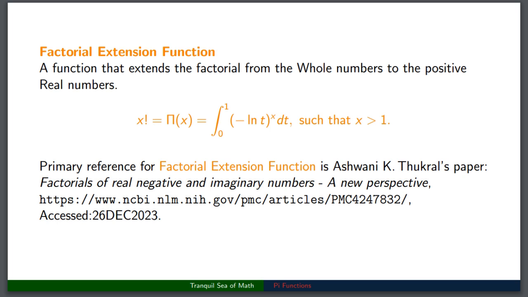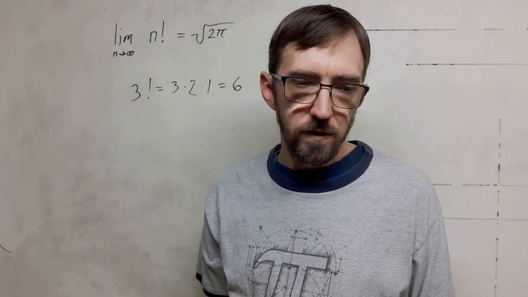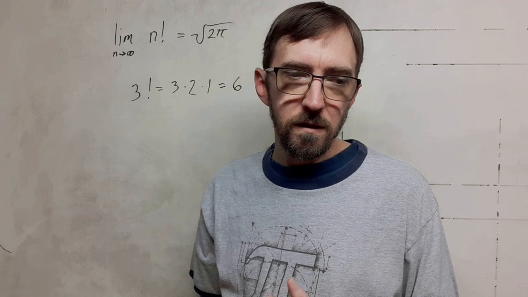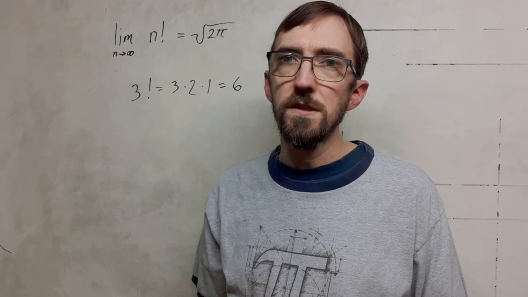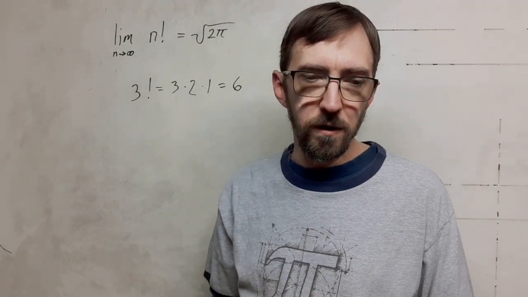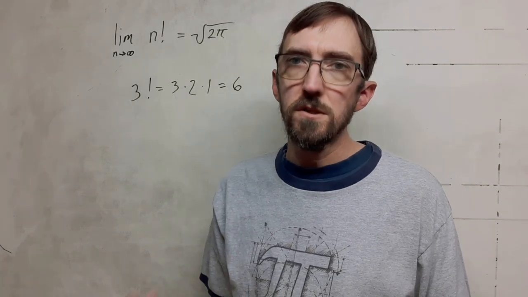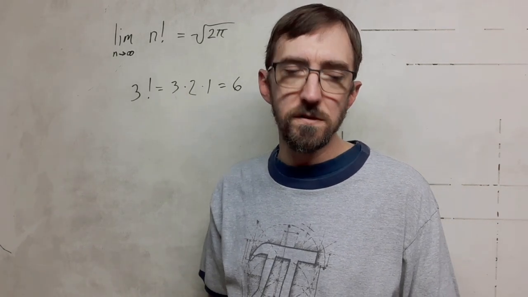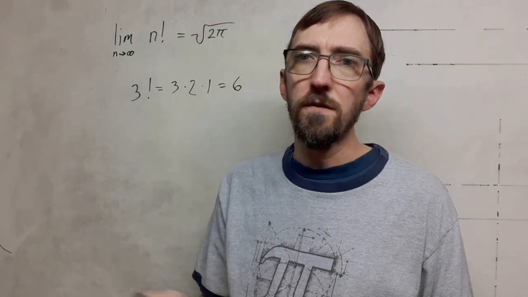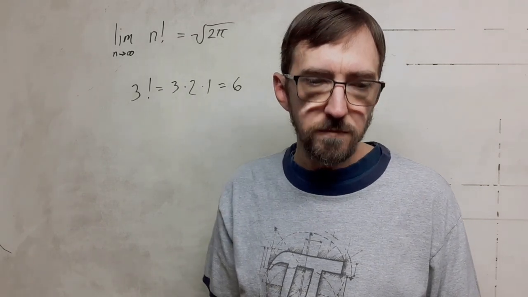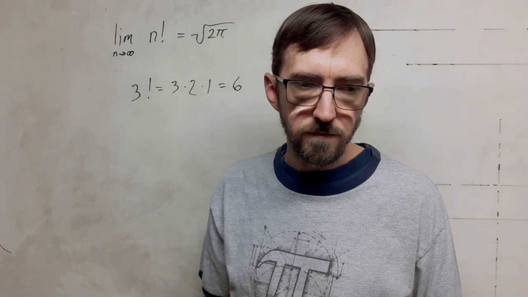This is by Ashwani K. Thukral, and they've posted an extensive paper about a lot of information surrounding factorials and extensions and what is available. It starts to talk about historically how this was developed, and I was able to follow some references from there as I studied this.